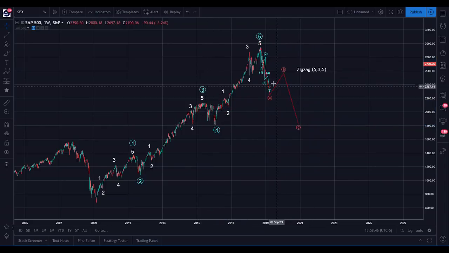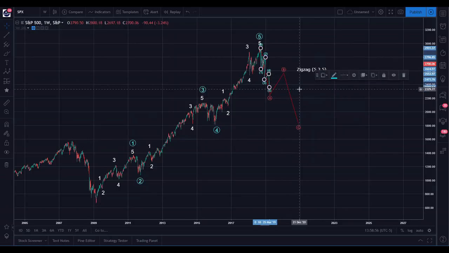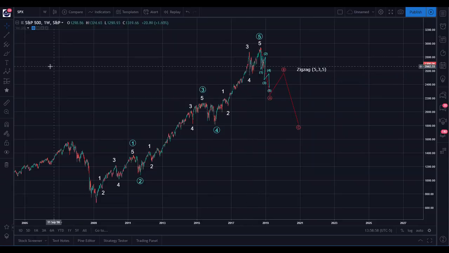And if that's the case, then we can have maybe a wedge-looking pattern. Now, I wouldn't forgo, well, let me finish this first.